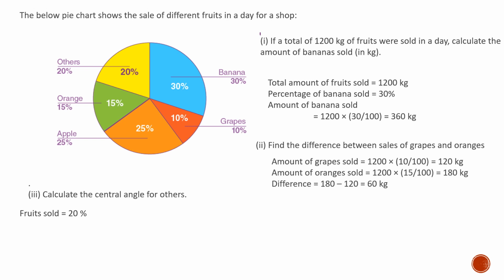So 20% if you want to convert into angle, so 20 divided by 100 into 360 degree. So total of 72 degree. So like that you can find central angle for any of these other fruits also. So you just have to multiply the given percentage with the 360 degree.